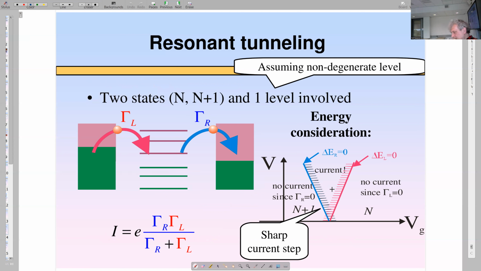I will consider, similar to Coulomb blockade, the plane of bias voltage and gate voltage. And I set the bias voltage to some small value, smaller than the level spacing in the dot.